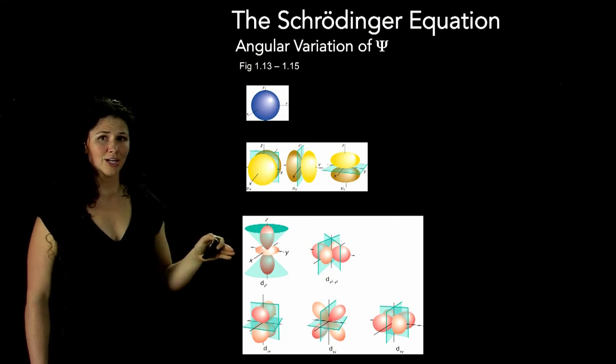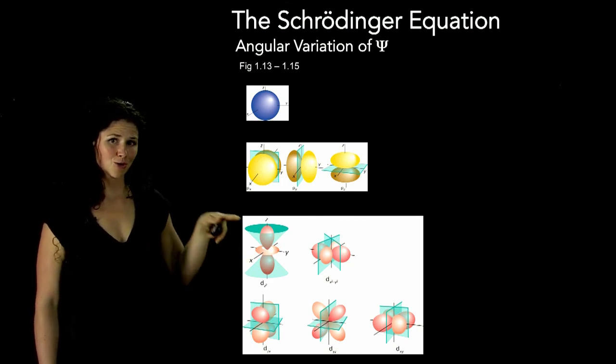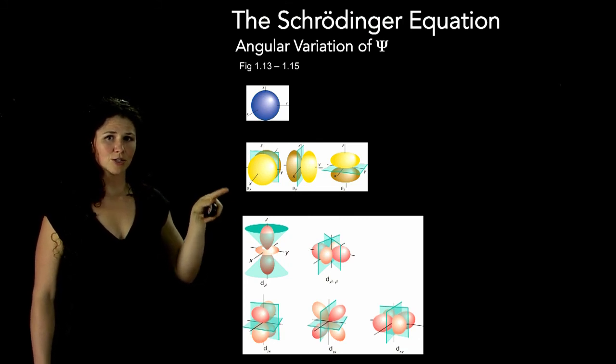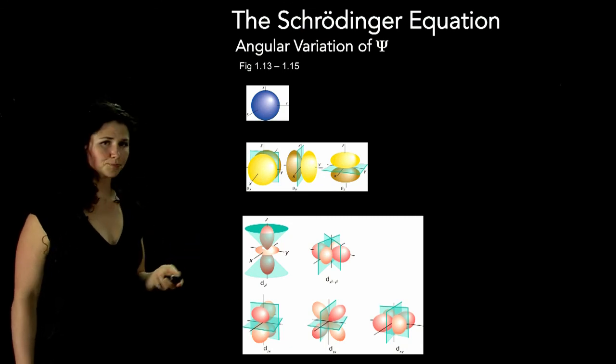Same thing here. Here you have some angular variation. These images also show you the nodes. These are all planar nodes, even the ones that look like a cone, like this one here. This is technically a conical node, but it fits into the same category as the planar nodes. So we have some planar nodes in the p orbitals and some planar nodes in the d orbitals.